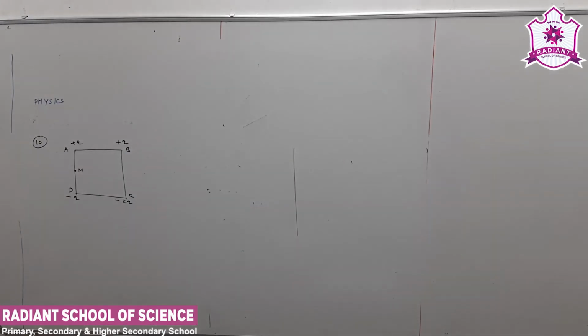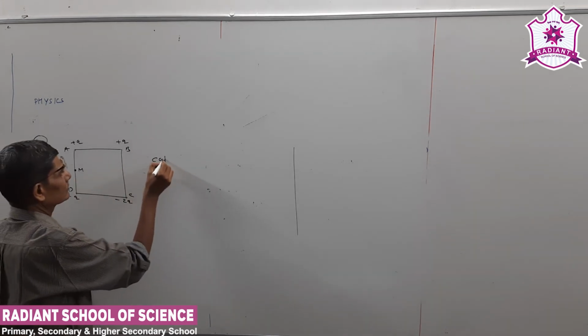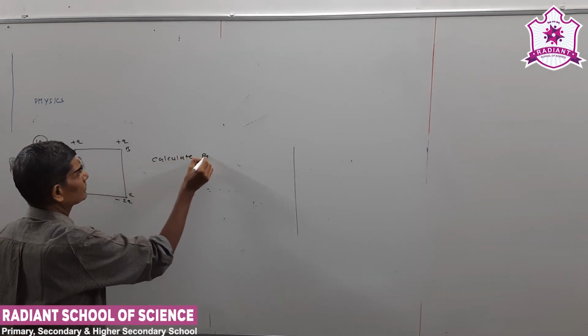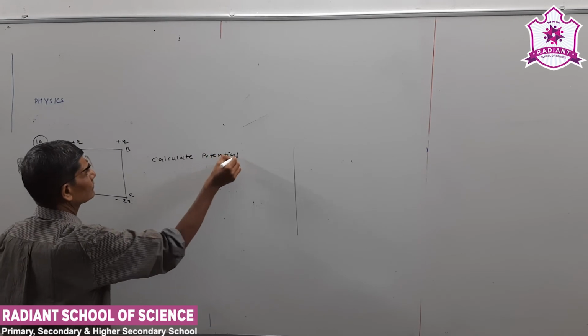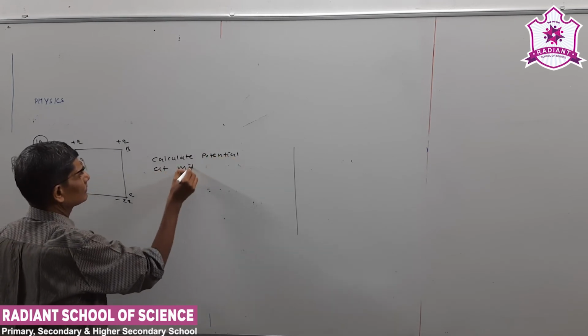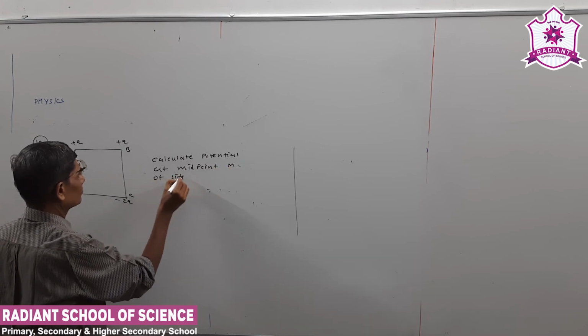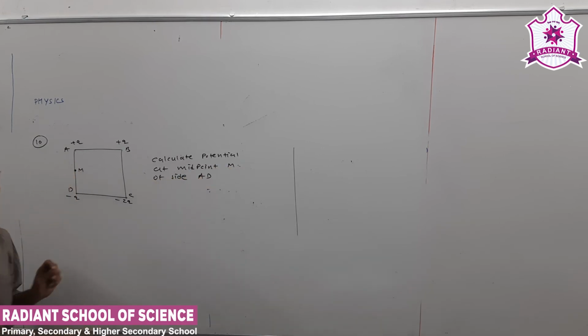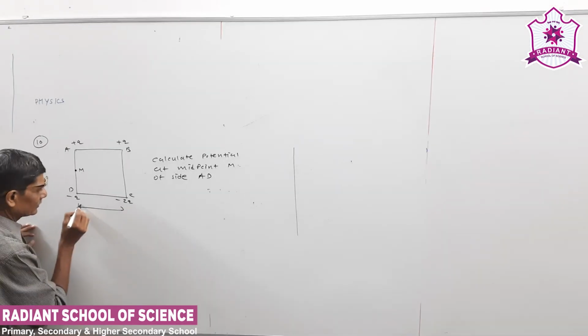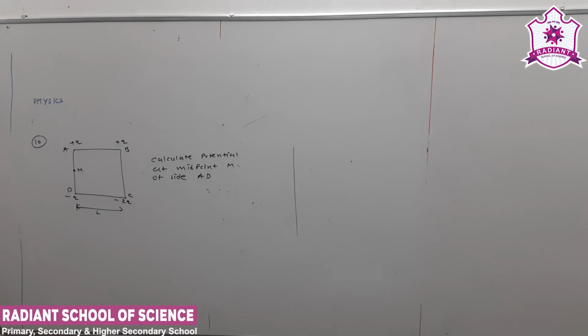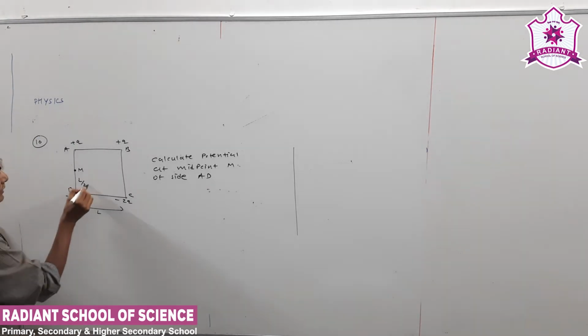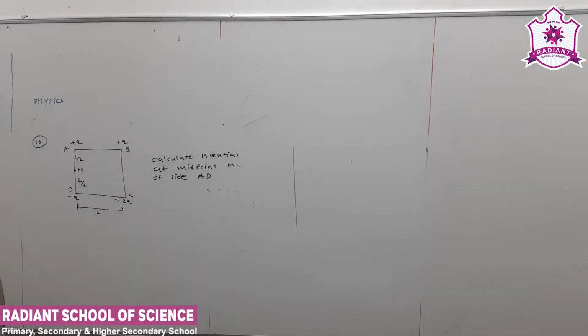Okay, we have to calculate the potential at the midpoint. Now, in total how many charges? 4 charges. Let us say the length of the square is L. So M is the midpoint, L by 2 and L by 2 distance.